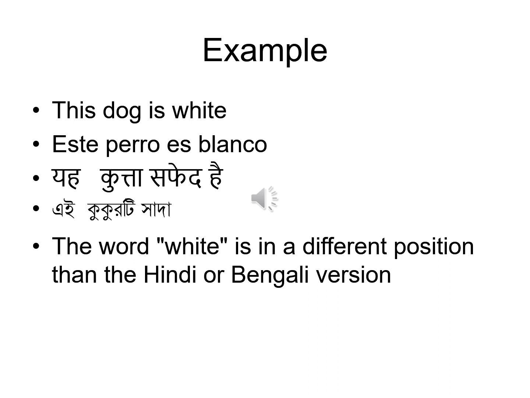Este perro es blanco. It's what we would normally say to convey the same meaning as this dog is white. However, the order in which these words occur: this is equal to este, dog is perro, that part is fine, is is es, white is blanco.